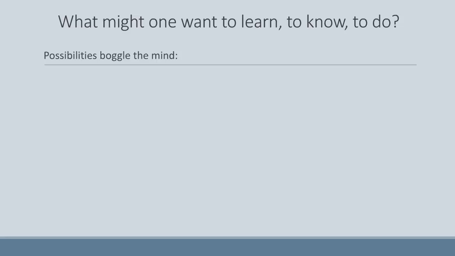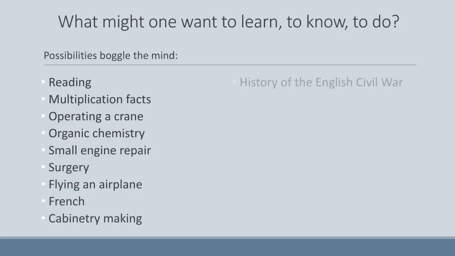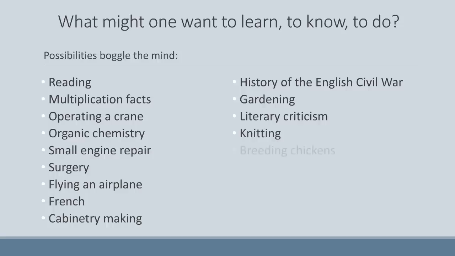Now, imagine all the things that a student might want to learn, or that a school thinks students need to learn. Reading, multiplication facts, operating a crane, organic chemistry, small engine repair, surgery, flying an airplane, French, cabinetry, the history of the English Civil War, gardening, literary criticism, breeding chickens, theoretical physics.